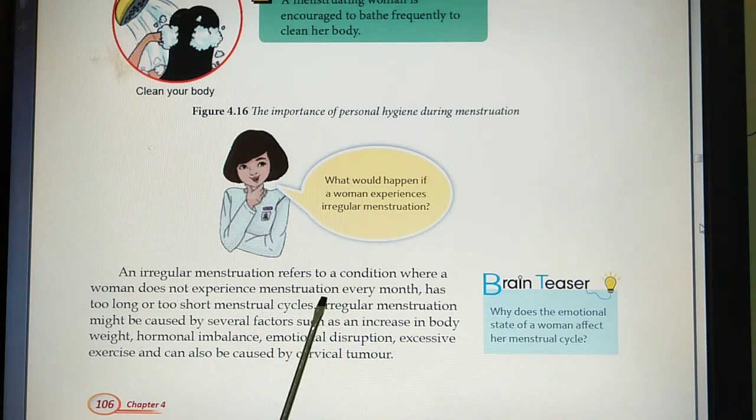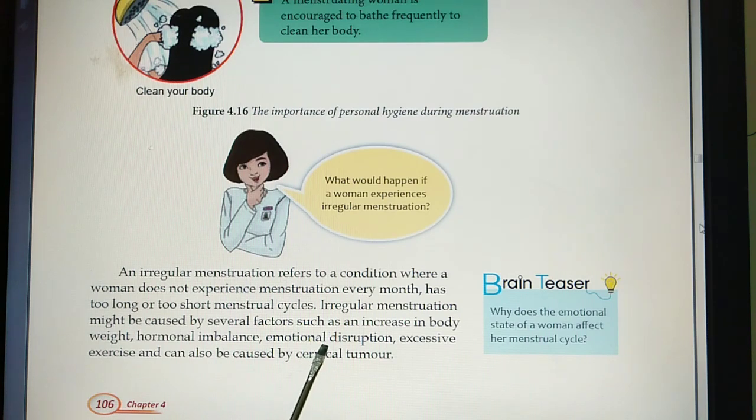What is the cause of this irregular menstruation? Can it give a bad effect to a woman's body? Irregular menstruation might be caused by several factors such as an increase in body weight, hormone imbalance, emotional disruption, excessive exercise, and it can also be caused by a cervical tumor.